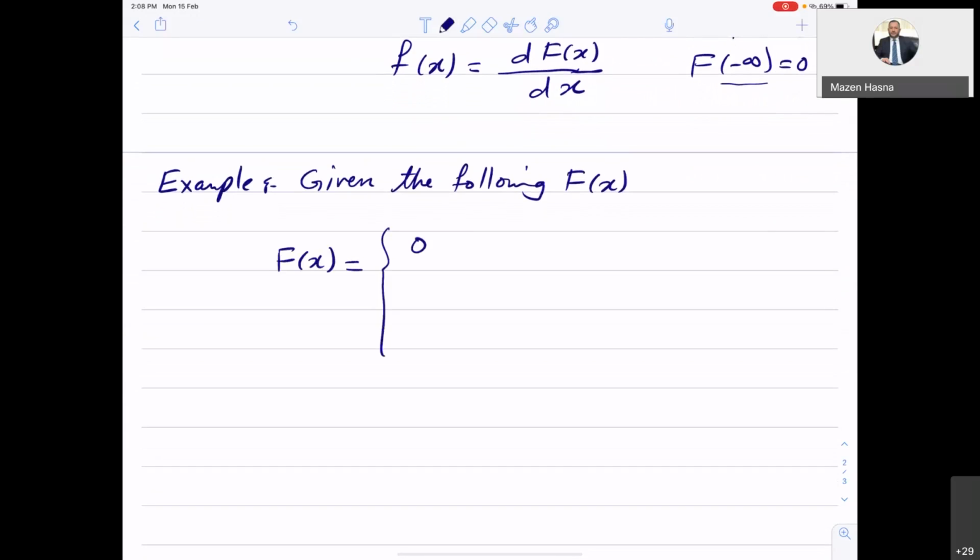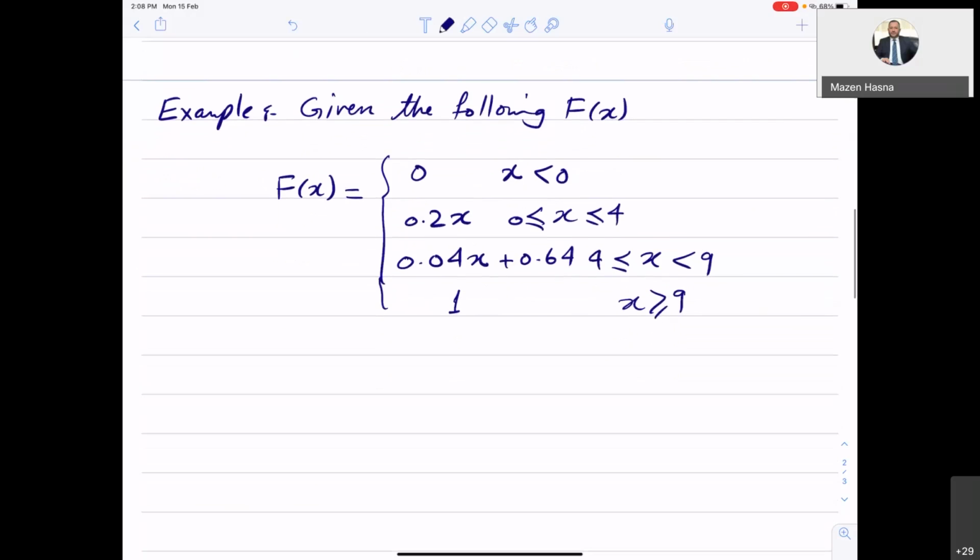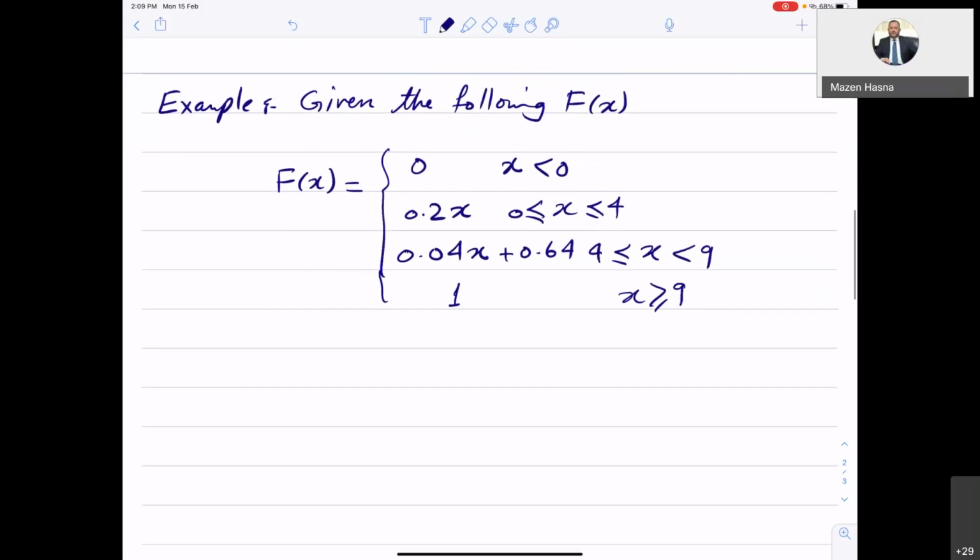So 0 if x is less than 0, 0.2x when x is between 0 and 4, 0.04x plus 0.64 when x is between 4 and 9, and 1 when x is greater than or equal to 9. So I'm giving you a certain capital F of x. Of course, you can draw this if you want.